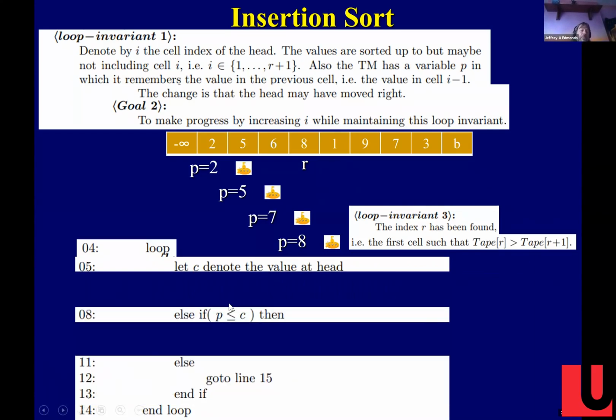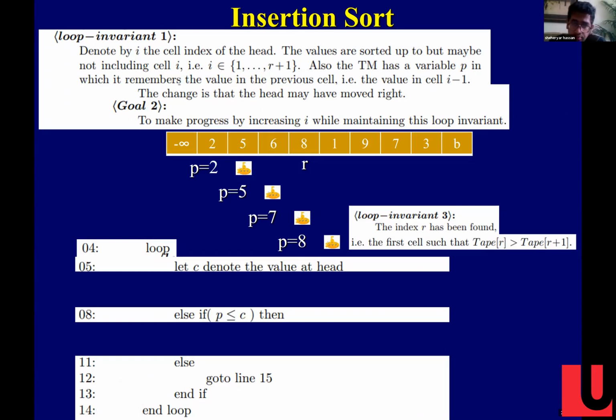But if P is greater than C, that's when we stop. And where do we go? We drop out of this inner loop. So this second inner loop goes to line 14, and we go to line 15, which breaks us out of that inner loop. Does that make sense?